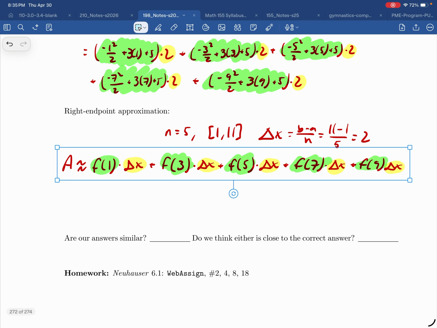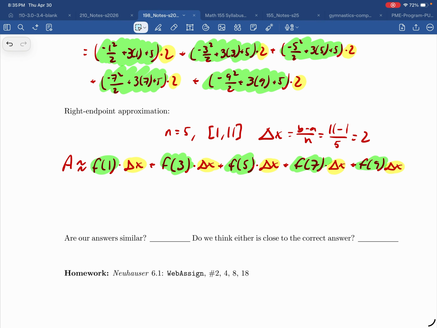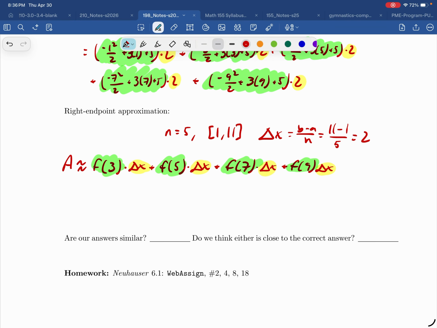The answer is, we're going to get rid of f of 1 delta x because we're using the right side of the rectangle. So the right part of the rectangle hits the curve. It's not going to be f of 1, it's going to start at f of 3, and then we're going to end not at f of 9, but at f of 11.